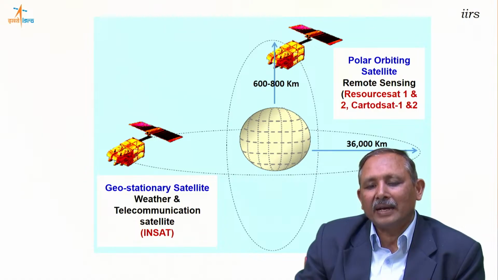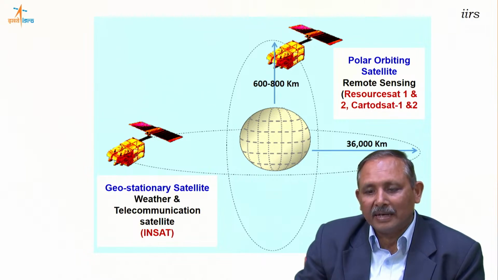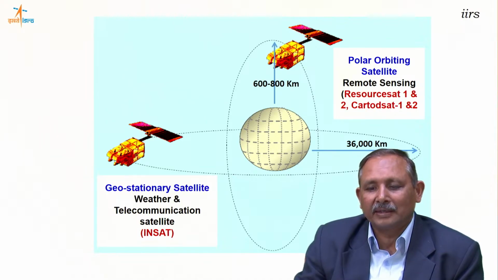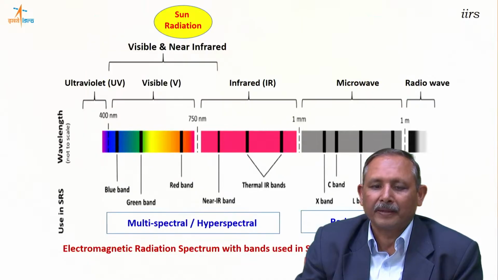The second category of satellites orbits at 600 to 800 kilometer, and they are polar orbiting satellites. These are the remote sensing satellites, and presently India has Resourcesat 1 and 2, Cartosat 1 and 2. Today we will discuss the remote sensing satellites.